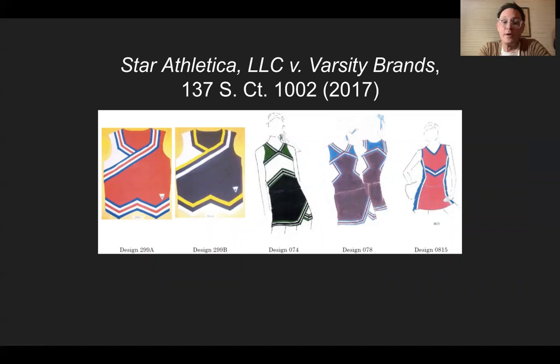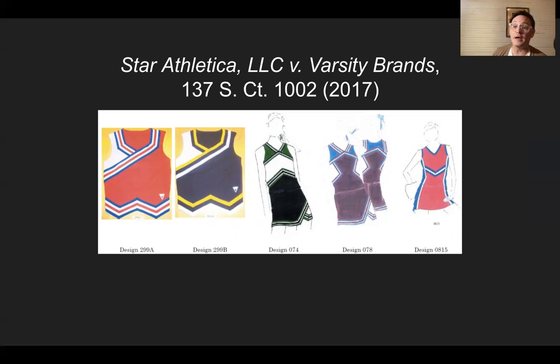How did it do that? By submitting photographs and drawings of the cheerleading uniform designs in question. And then it brought infringement actions against Star Athletica, saying your designs are too close to ours and therefore you're an infringer.